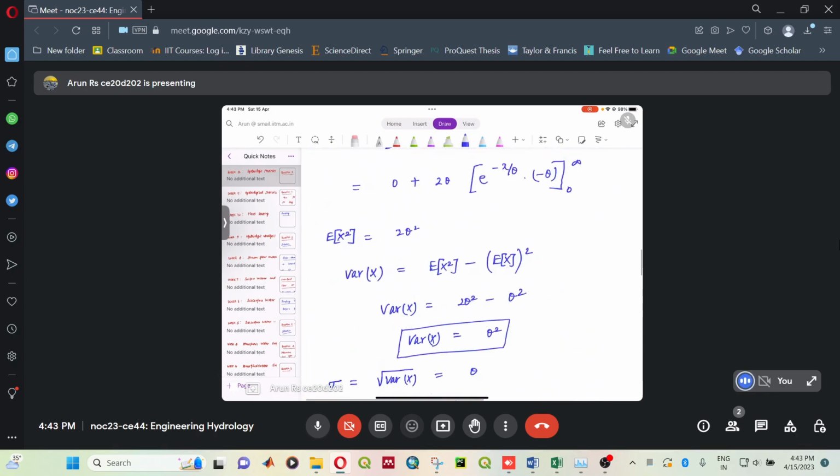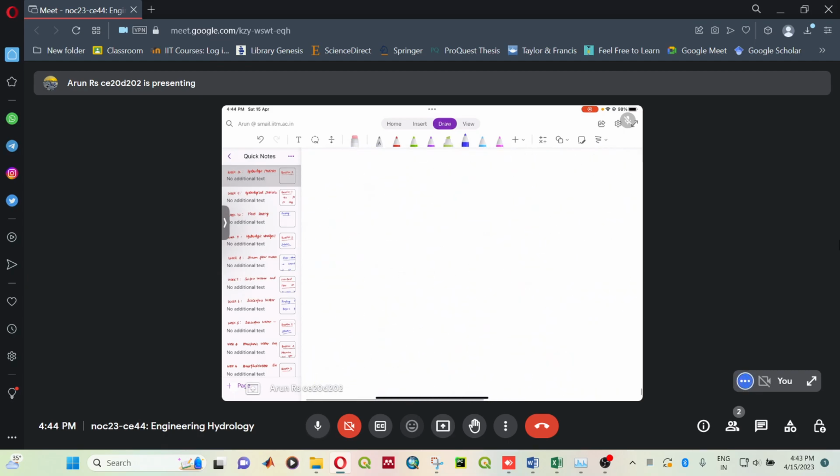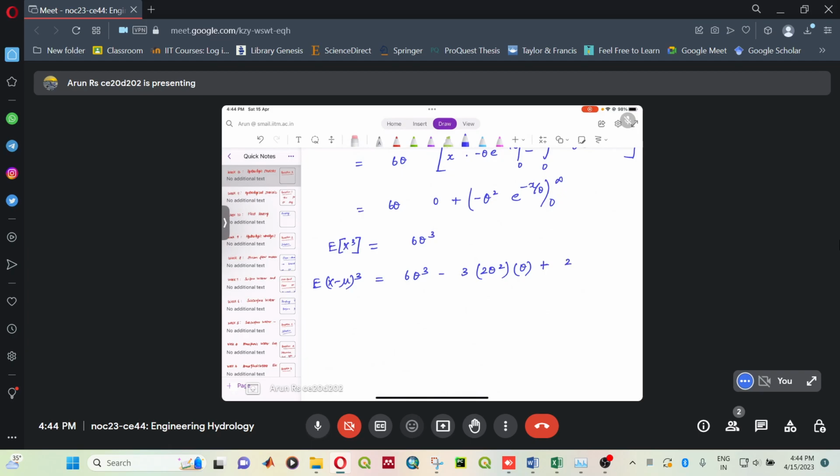So E of x square we found as 2 theta square, into E of x, plus two times of E of x the whole cube. So that will be 2 theta cube.